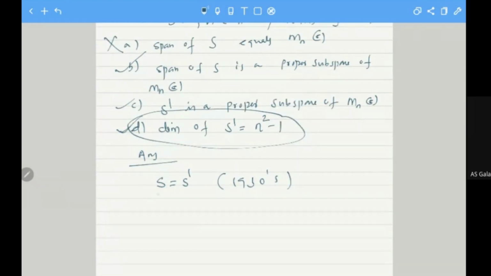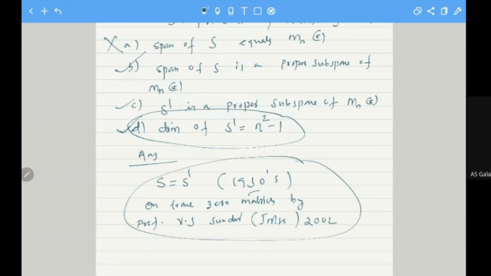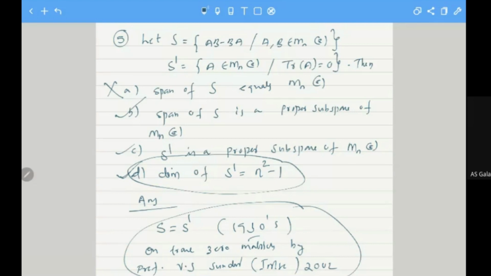If you are curious about this, you can Google it, or look at the paper on trace 0 matrices by Professor V.S. Sundar, IMC 2002. So this S is actually equal to S prime.